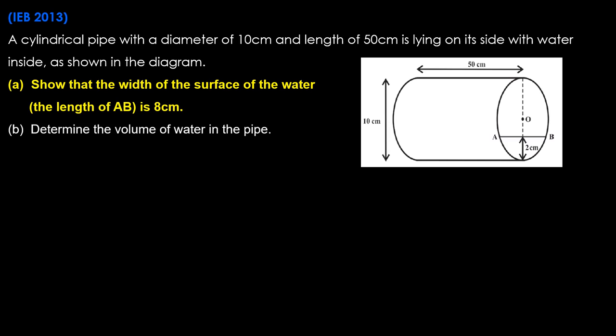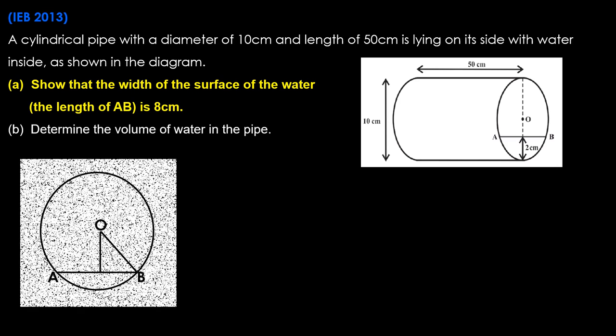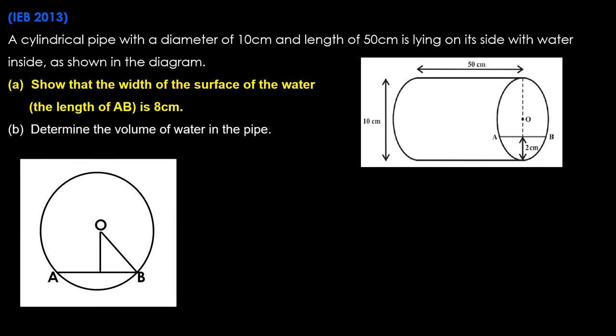First of all, we want to show that the width of the surface of the water is 8 centimeters. Now that's relatively easy. We're going to use our Euclidean geometry basically from core maths, and we've got that the radius of that pipe, because the diameter is 10 centimeters, is 5.